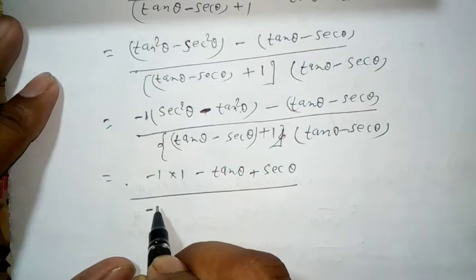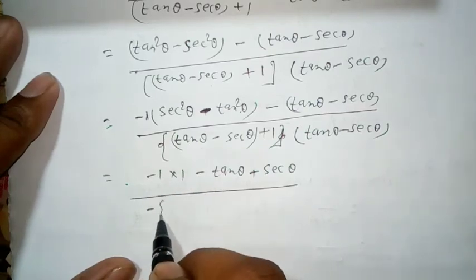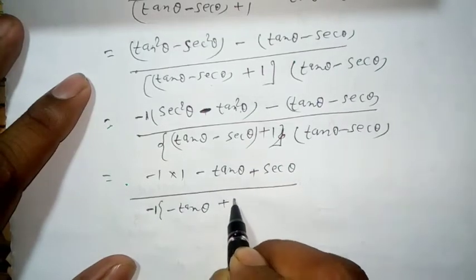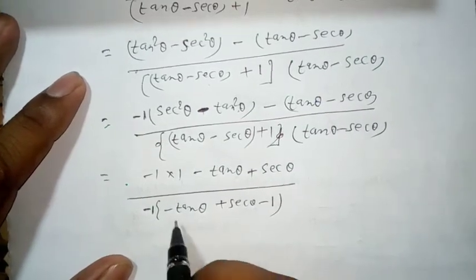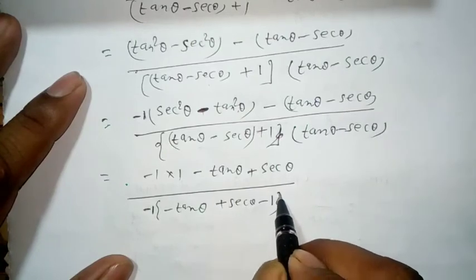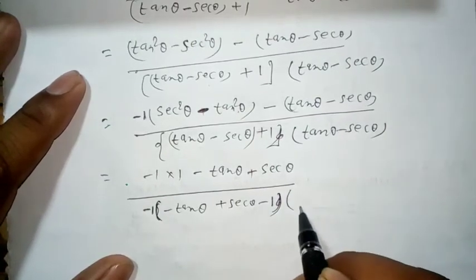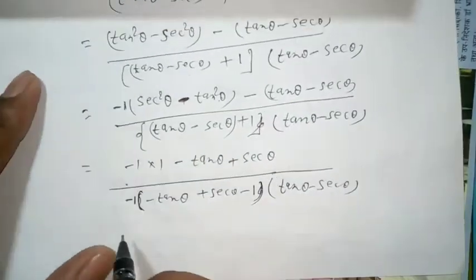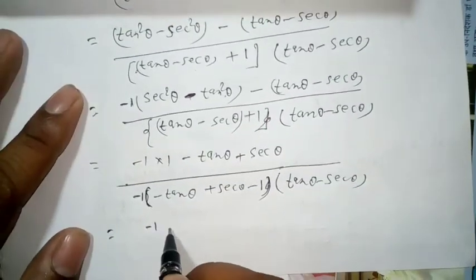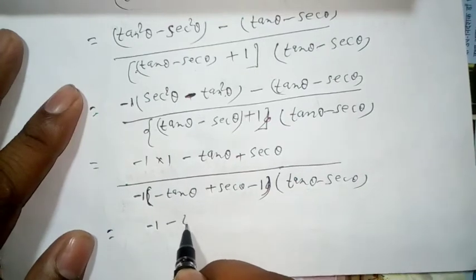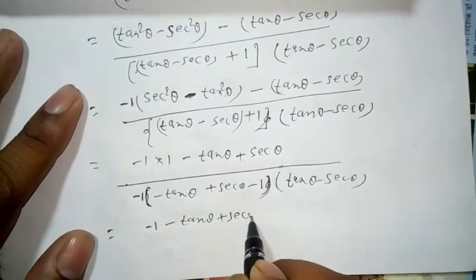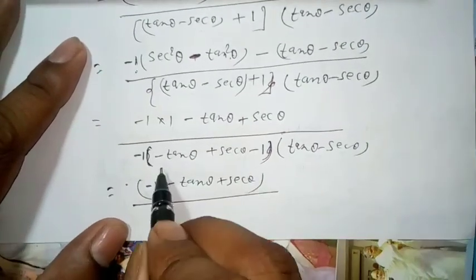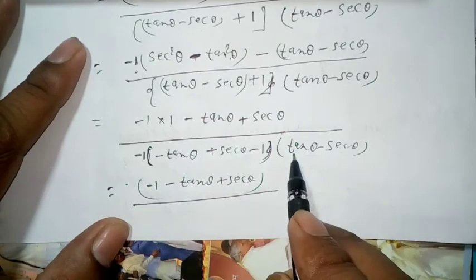Then minus tan theta plus sec theta minus 1 into tan theta minus sec theta is equal to minus 1 into minus tan theta plus sec theta by minus 1 multiplied by tan theta minus sec theta.